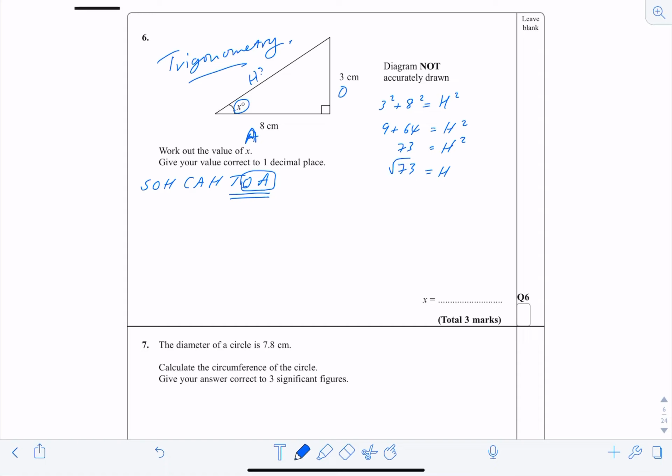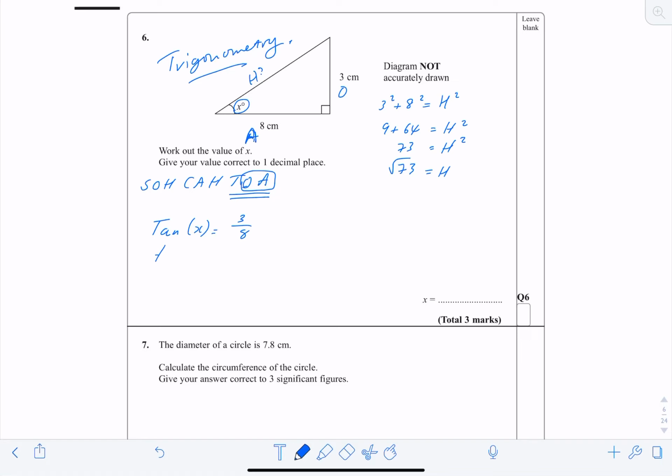So how does this work? Well, we say that tan of x, of our angle, equals O over A, 3 over 8. Okay, that's what the ratio is with this angle. How do I get rid of the tan and just get x?